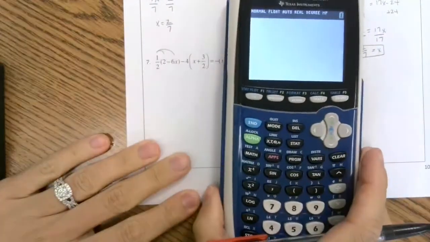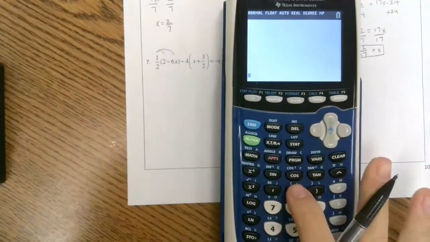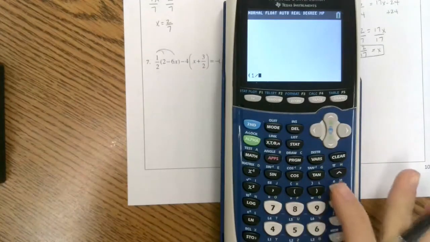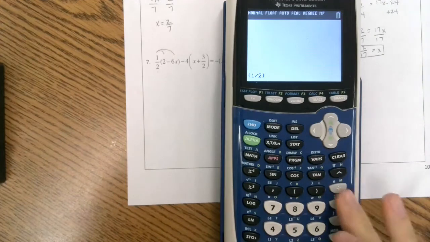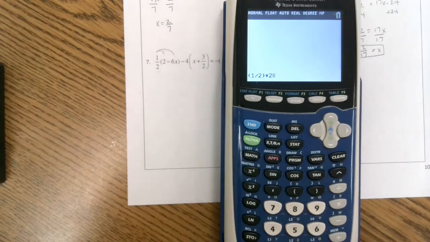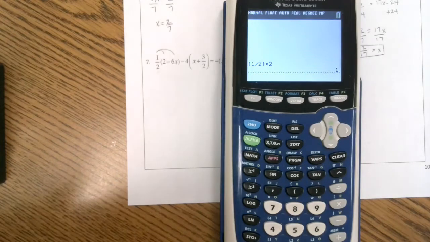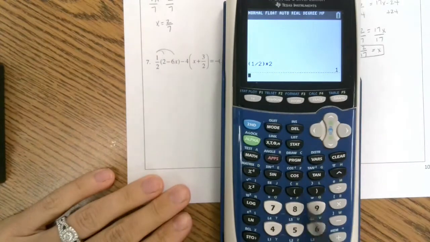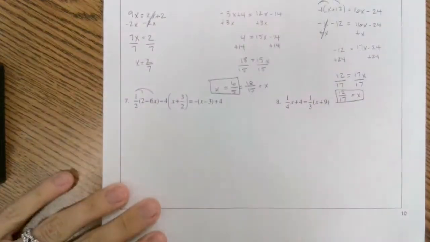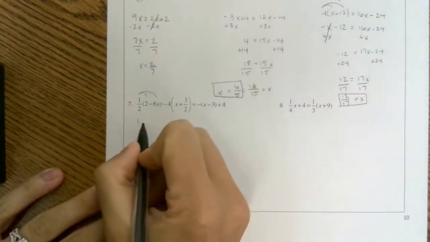So, if I'm going to put this in my calculator, I can press parenthesis 1 divided by 2. That basically says 1/2, and then hit multiplication times 2, and it'll tell me 1. So, another way of thinking about this is 1/2 of 2. So if you're putting in a fraction, you can just use those parentheses. So we know that we got 1 there.